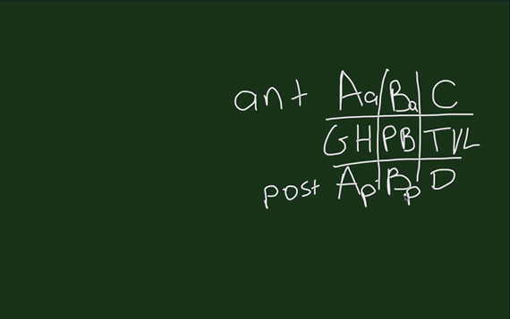Alright, so what are these points? Well, point A sub A is on the anterior vaginal wall 3 centimeters proximal to the hymen. Okay.